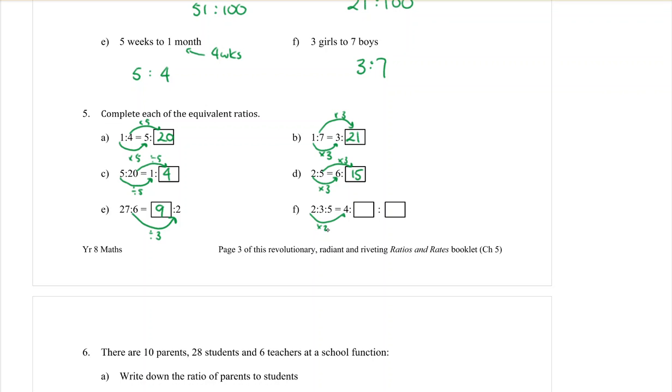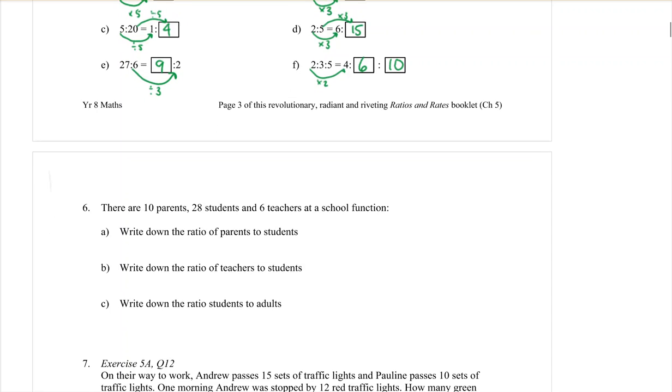So that means the 3 and the 5, both of those numbers need to be multiplied by 2 as well. So 3 times 2 makes 6, and 5 times 2 makes 10. That's it. So that is what we call equivalent ratios.